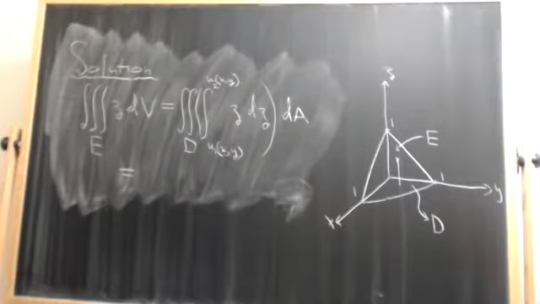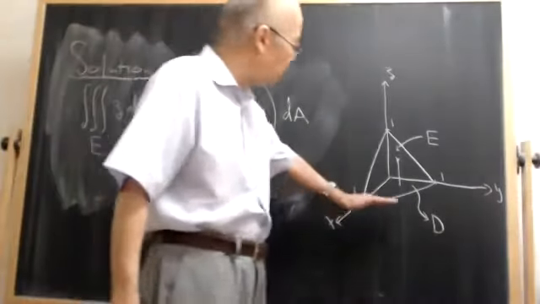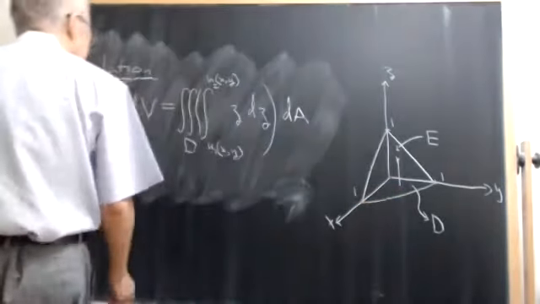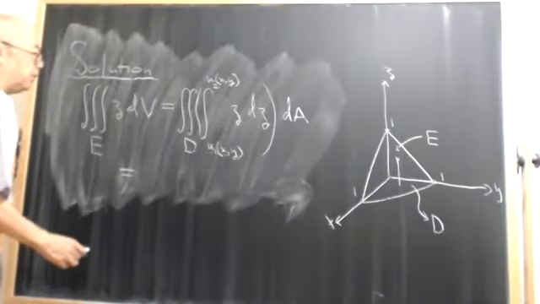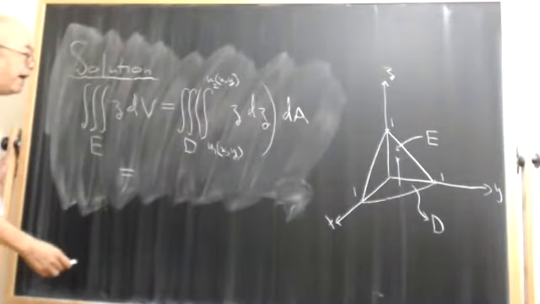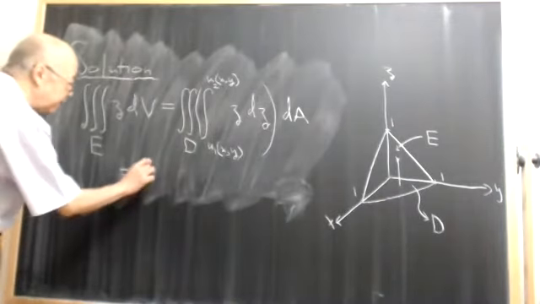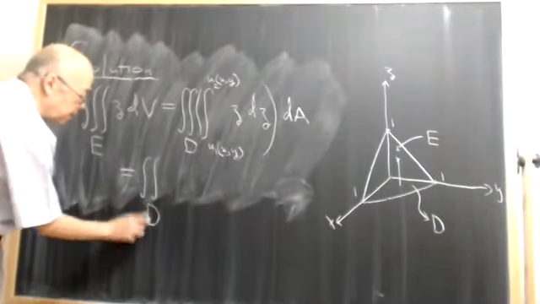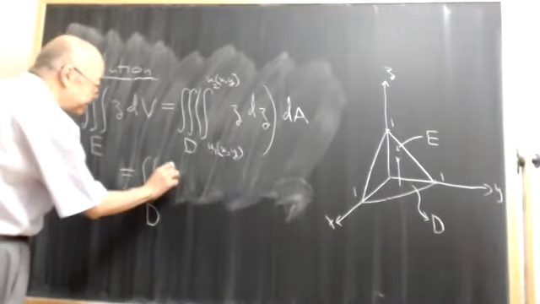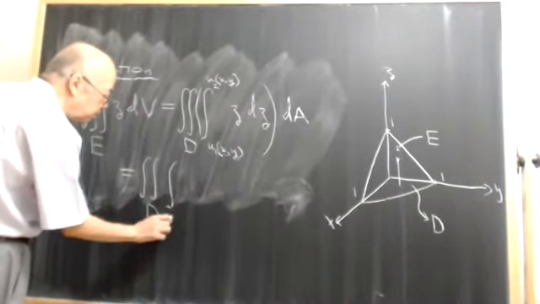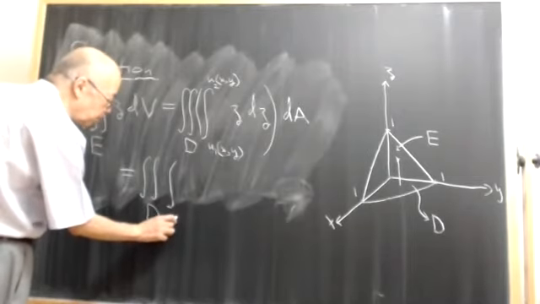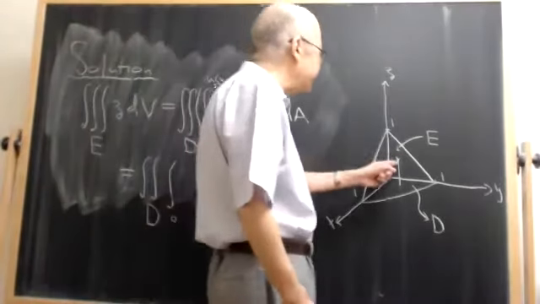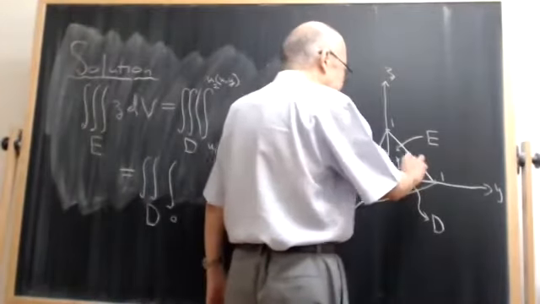Well, as I said before, the lower surface is this triangle. So U1 at xy can be taken to be 0. And then you are going up to this upper surface.